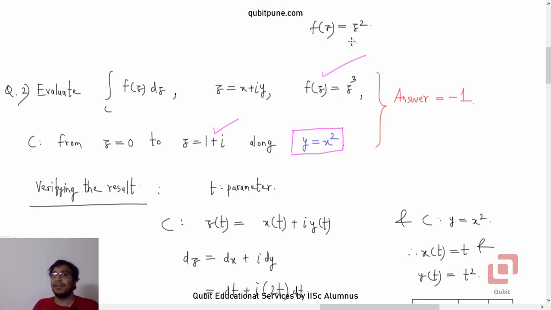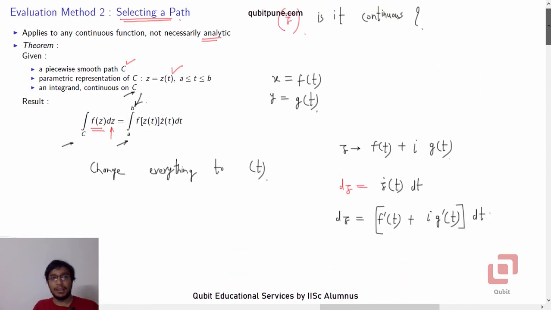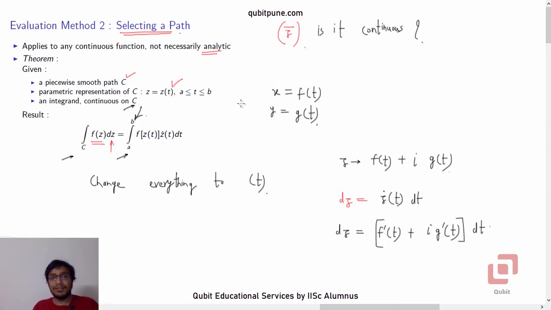Its graph may not even look like y equal to x squared, except perhaps for some part of the x-axis. Coming back to the question, we already know the answer. It is -1. But now let us verify our result by applying the theorem.